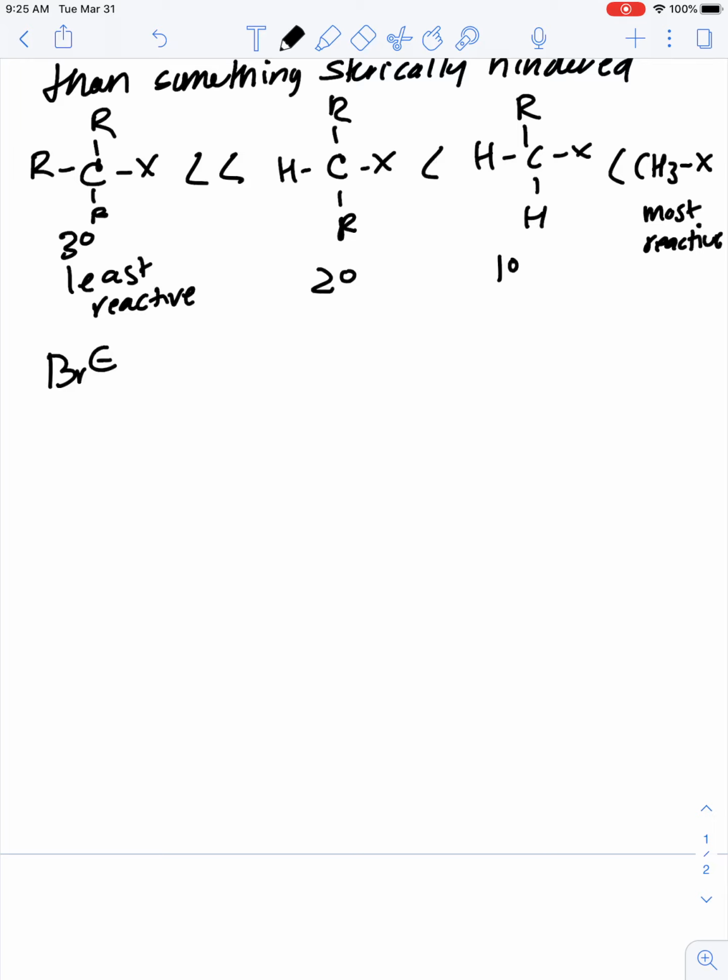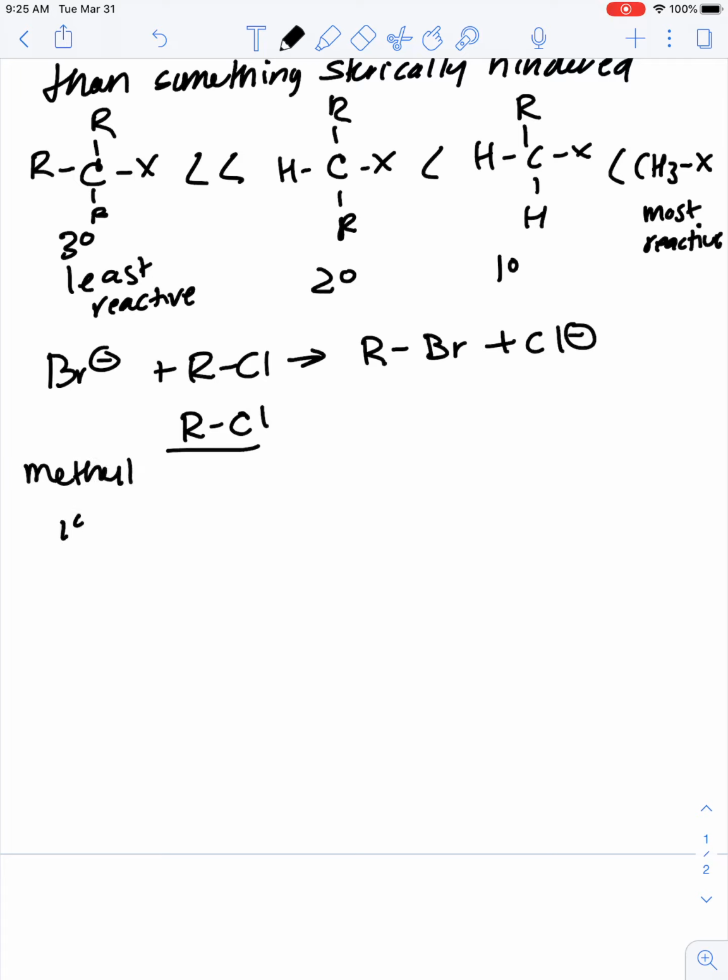So let's look at some relative rates for a reaction. So let's look at this reaction here. And this should put into perspective the reactivity of a primary, for example, versus a secondary. So we have our RCl, so we have a methyl, primary, secondary, or tertiary.